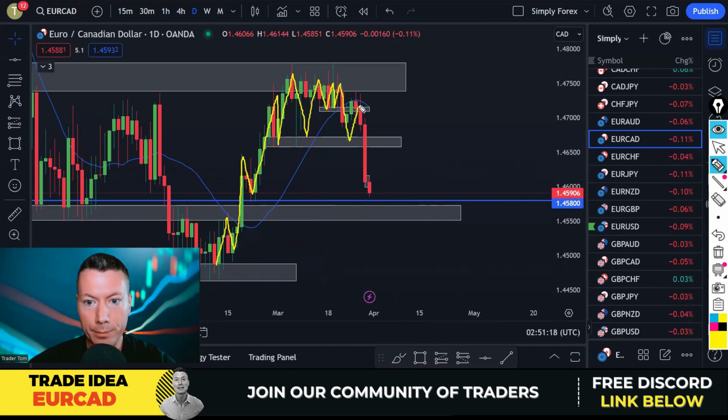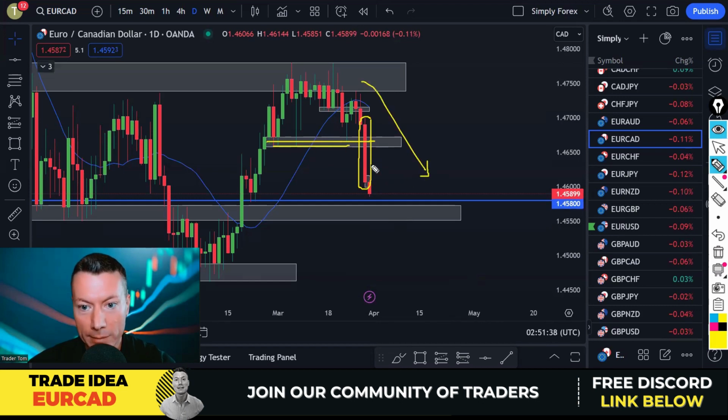And then at this point, we've been in a downtrend, especially when we broke this level. We did have better than expected Canadian GDP, and this has led to a real bearish candle. But we've broken this level. We're in a downtrend, nice big bearish candle, and a little bit of room to move into. Maybe it'll move further into this grey zone, but not much room to move into.